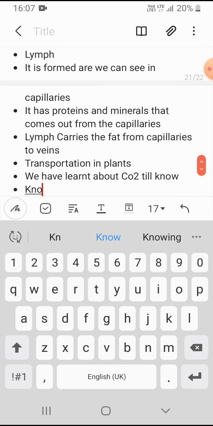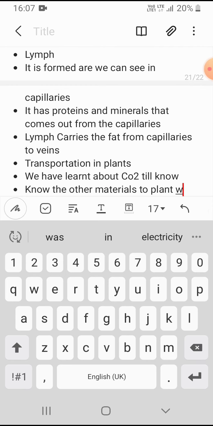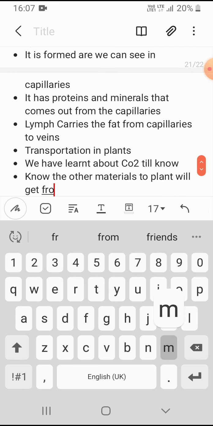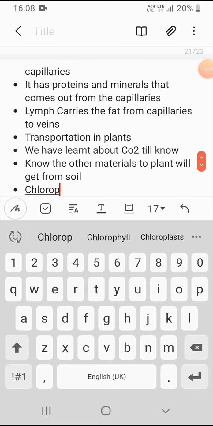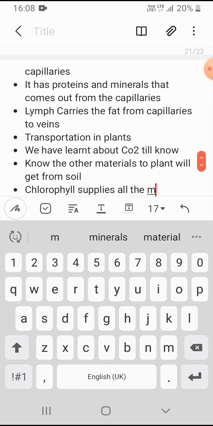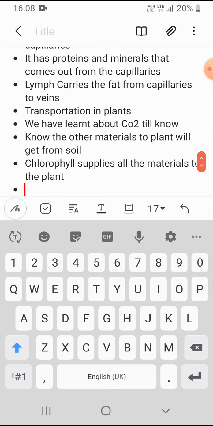Now the other materials the plant will get from the soil, and afterwards the chlorophyll supplies all the materials the plant needs.